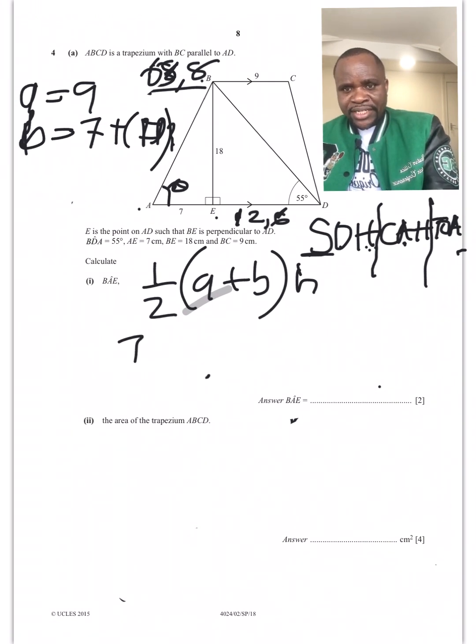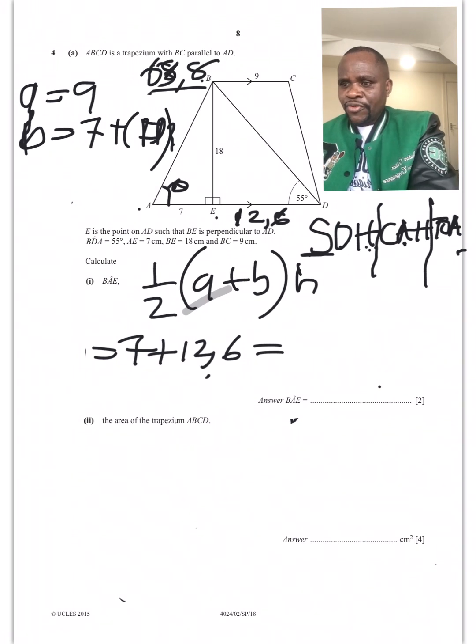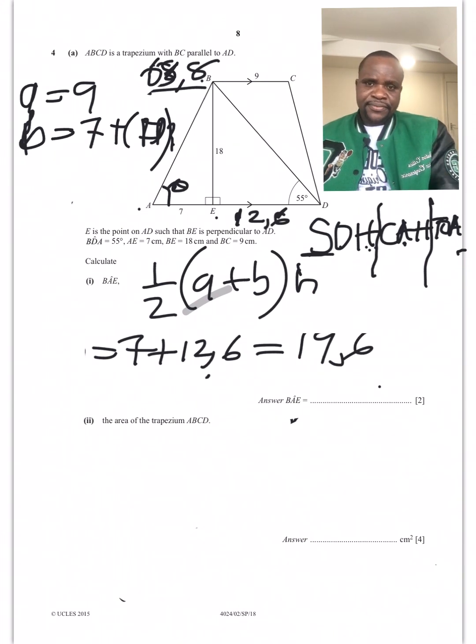Our B will be 7 plus 12,6, which is 19,6. So this is our B.